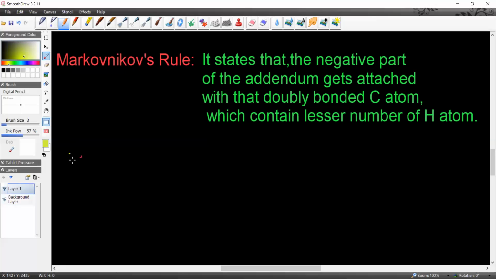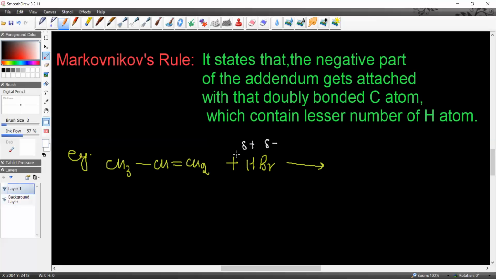So we have propene, CH3 single bond CH, double bond CH2, and the adding molecule, we are adding the same molecule, HBr. So according to it, this is the partial positive charge, and as I already told you, this is the partial negative charge on the bromine atom.